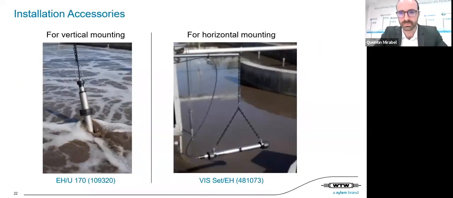Let me say a few words about accessories as well, about installation in the field. We are offering several accessories. For example, for measuring in a tank, we can have an accessory allowing you to install the sensor vertically, but it's possible to install it horizontally as well.